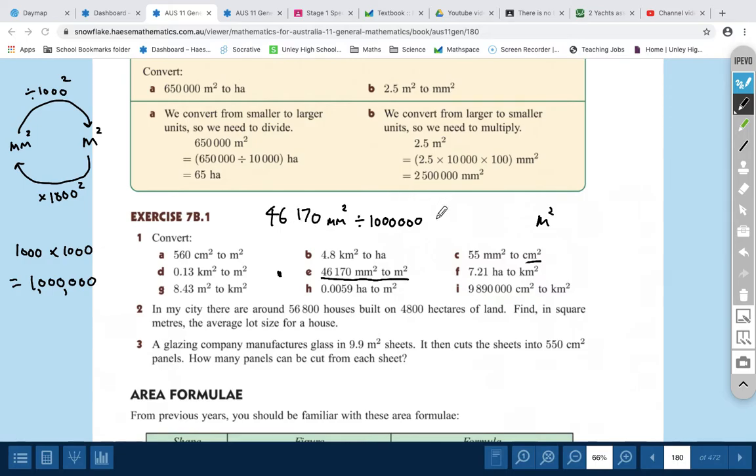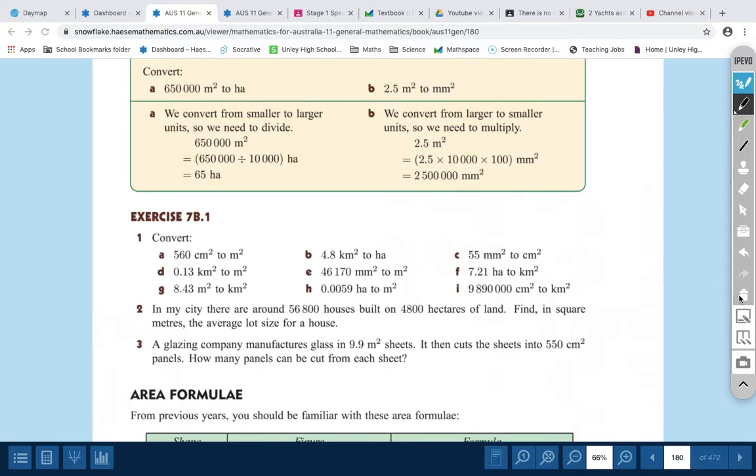So let's just think about that. That's only in the 10,000s. The millions are over there. So this answer would be 0.04617 meters squared. So please be careful with those conversions of area. They can catch you out.